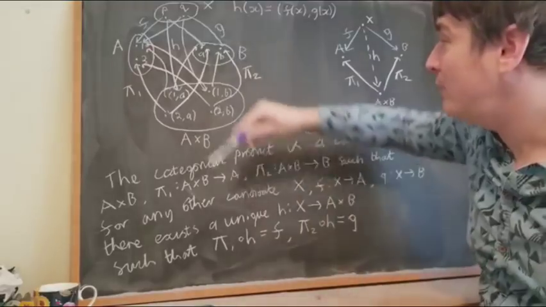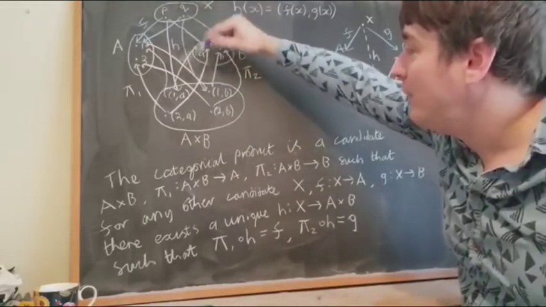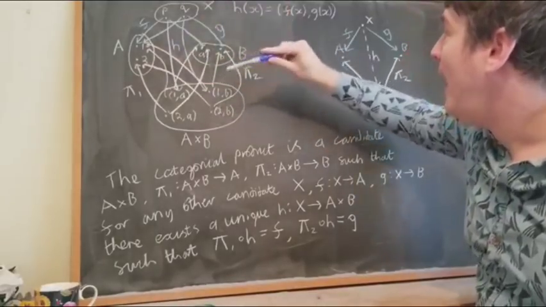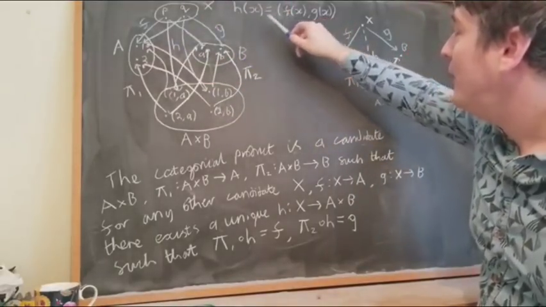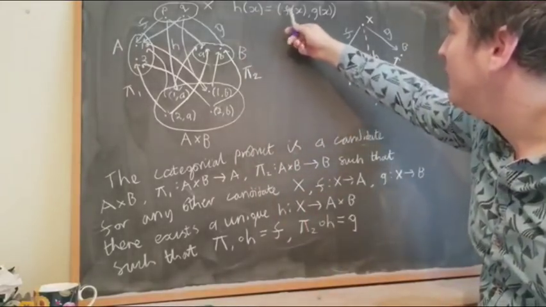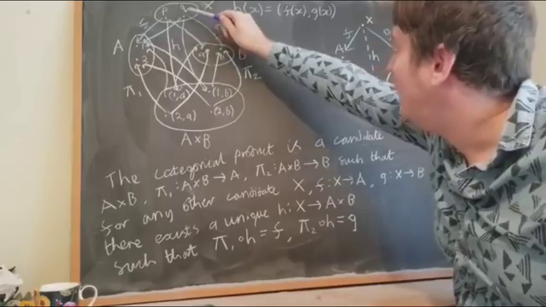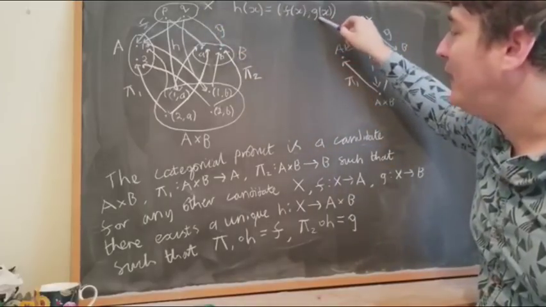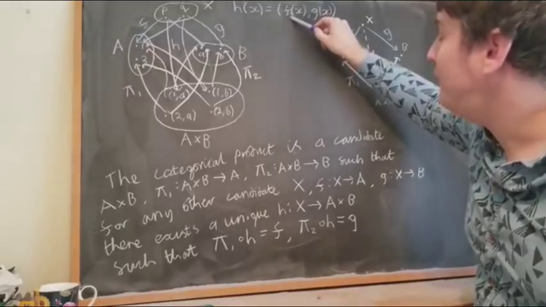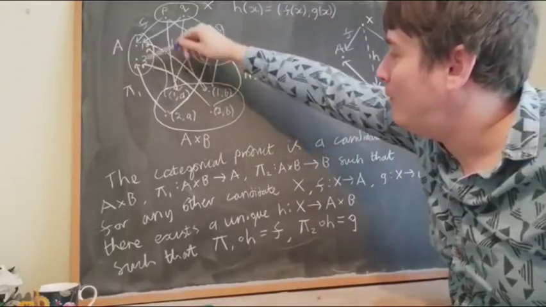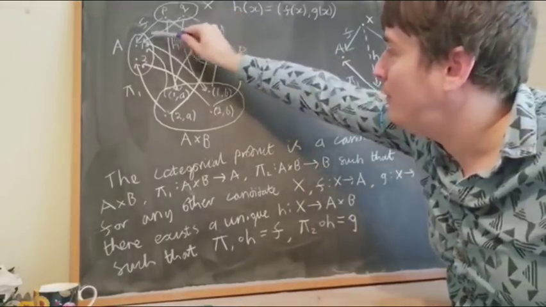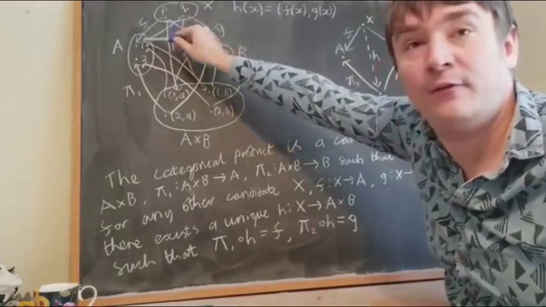And we also need that this is the only function which makes this diagram commute. And is it? Well, I think you can see that it is, because we'd have to send an element x to (f of x, g of x). If we didn't, say we sent the first entry to something different, well then when we do pi1 and just grab that first entry, it wouldn't match up with the way f maps it.